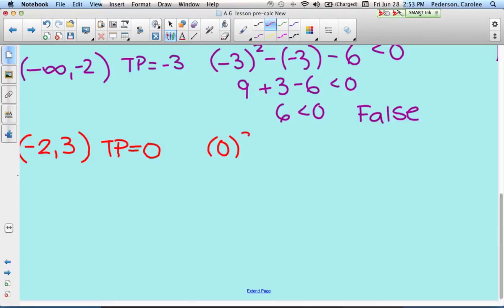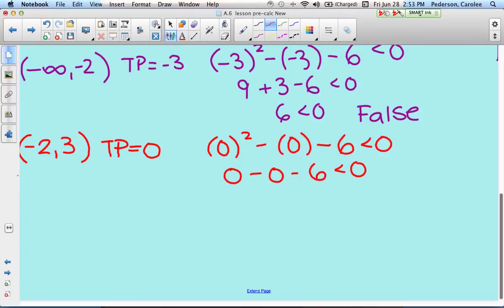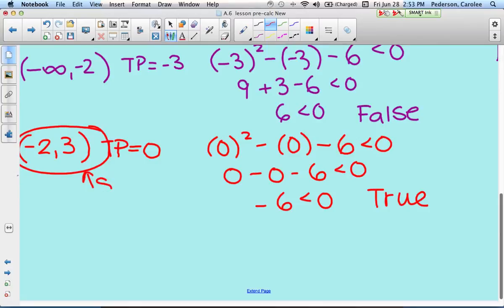So 0 squared minus 0 minus 6 less than 0. So we use our order of operations. 0 times 0 is 0, minus 0 minus 6 less than 0. On the left side, we get negative 6 less than 0. Now read the inequality. Is it true that negative 6 is less than 0? Yes, it's true. So we say this is true. So this interval is a solution.